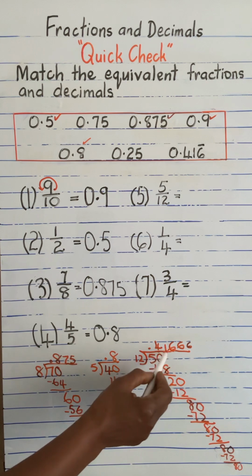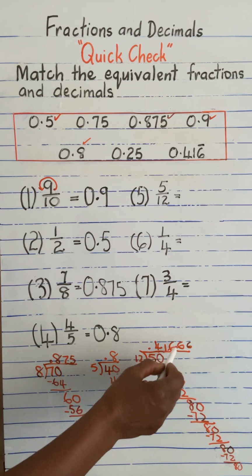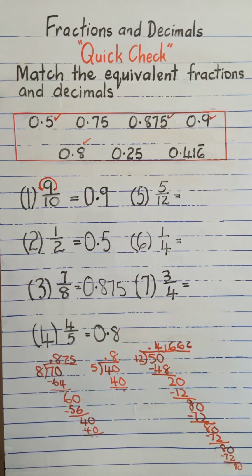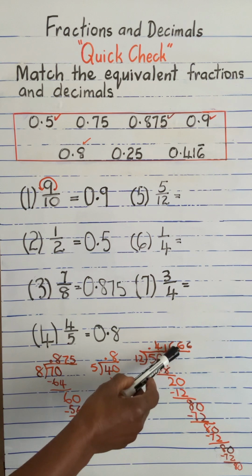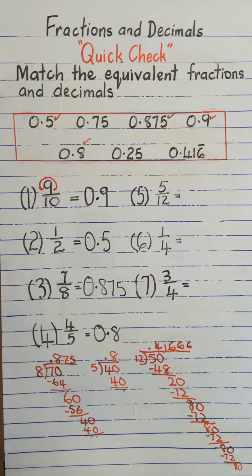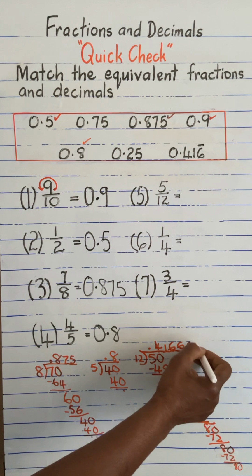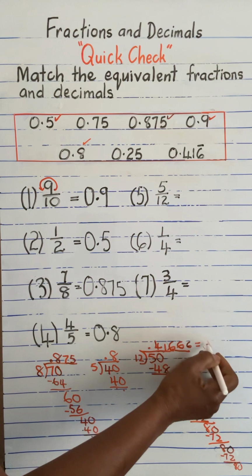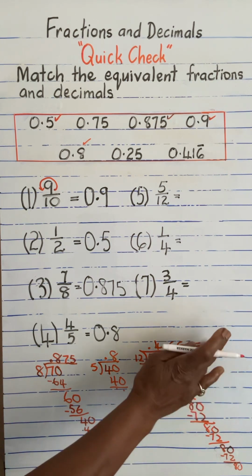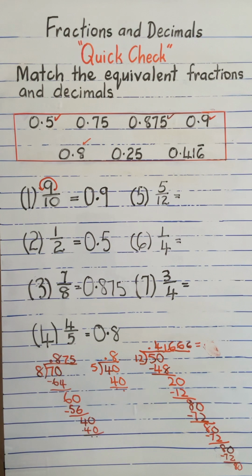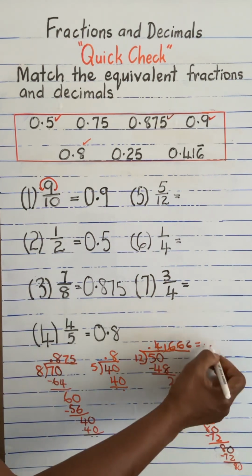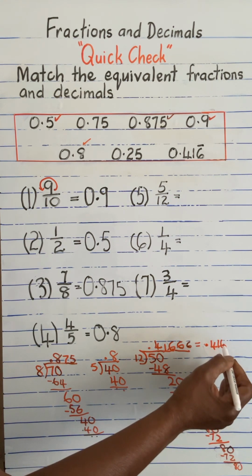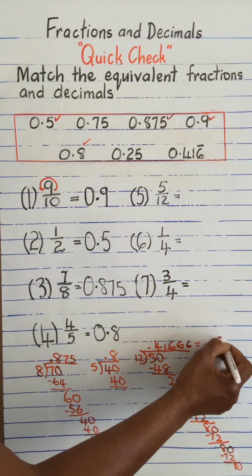So we notice that it is 0.41666, and the 6 is recurring. So how we write our answer, we're just going to leave just one 6 and put a bar at the top, to say that the 6 keeps recurring. So it will be 0.416 with a bar over the 6.